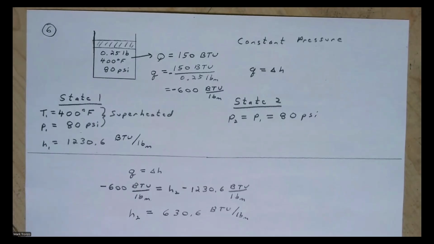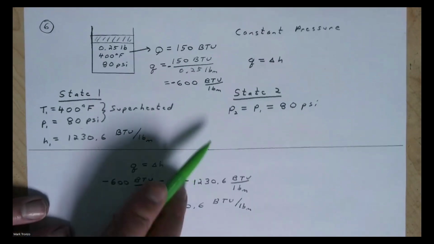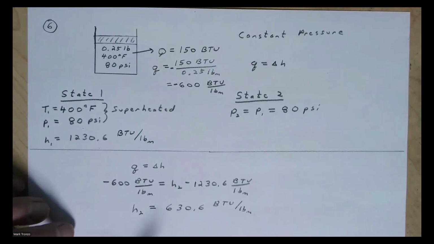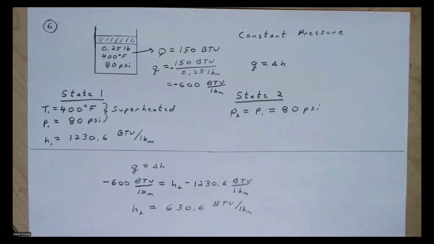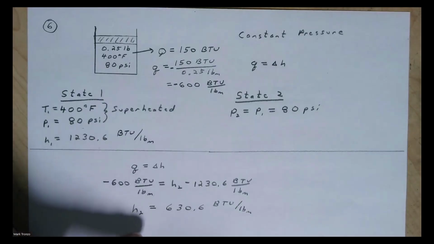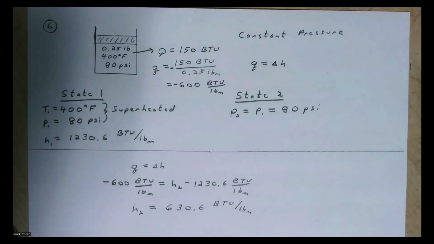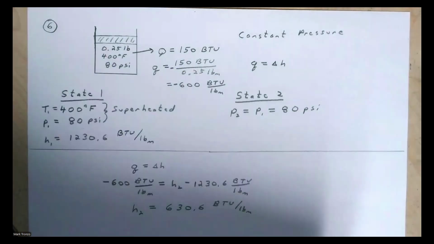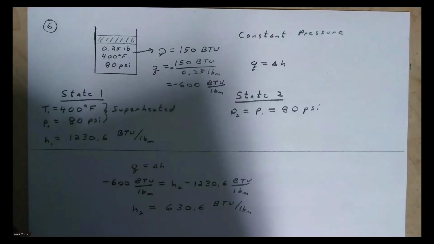So now where do we go from here? We know that in state two, we have this pressure and this enthalpy. So we're going to have to look at our charts and see if this is superheated, or a mixture, or saturated vapor, saturated liquid. Let's take a look. Again, go under your pressure.